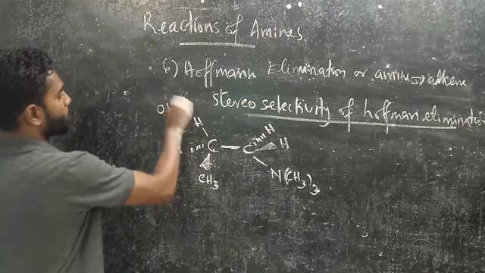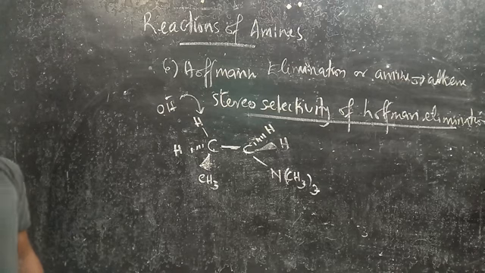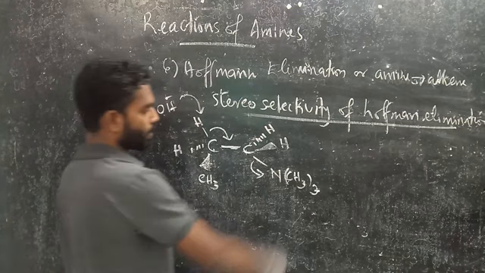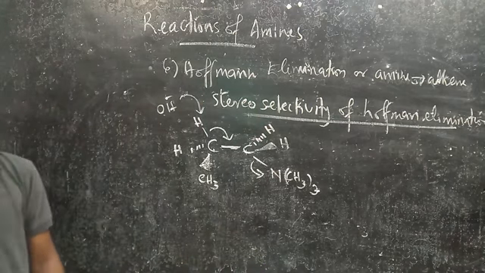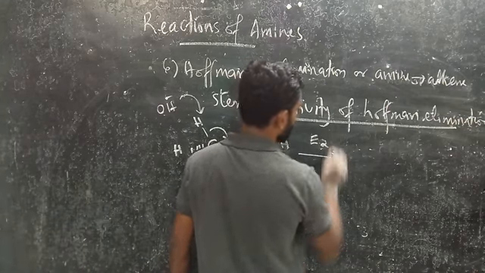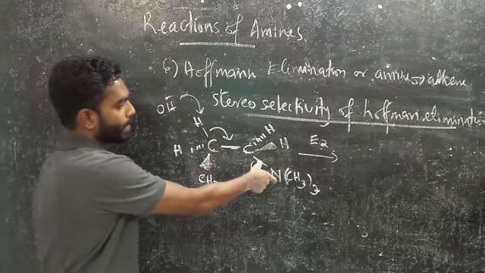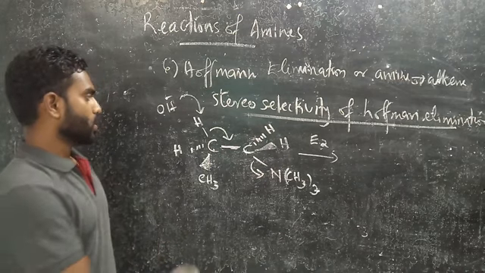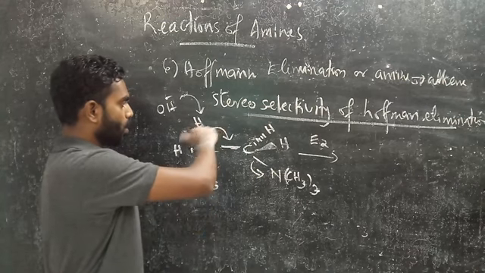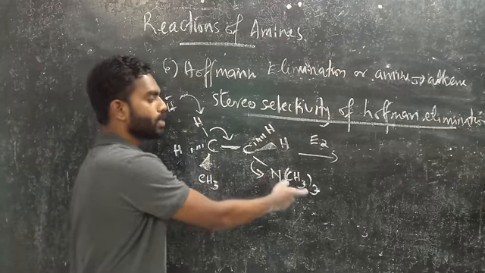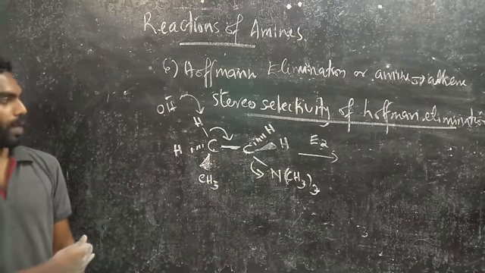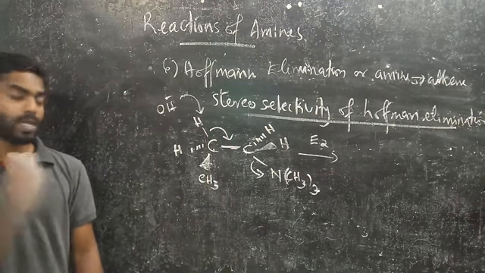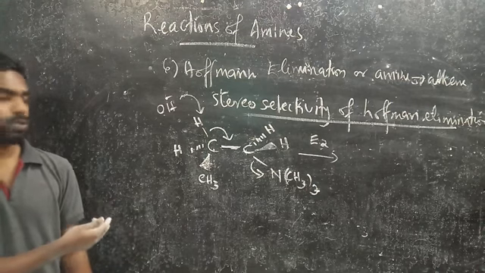Then OH minus will abstract a proton, leaving the lone pair here, and the N(CH3)3 leaves with its electron pair on heat. This is E2. The H and N(CH3)3 are in the same plane but in anti position, and the abstraction of the proton and the removal of N(CH3)3 occur in a single step. That's why this step is a concerted elimination, or E2.